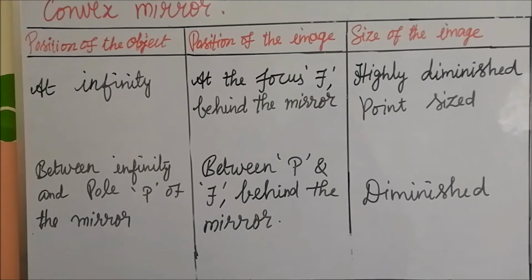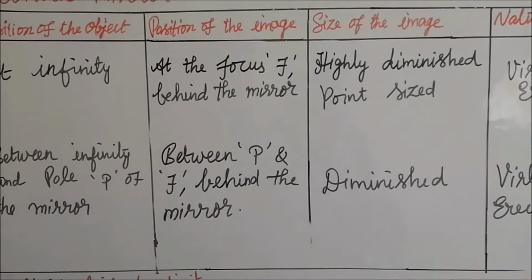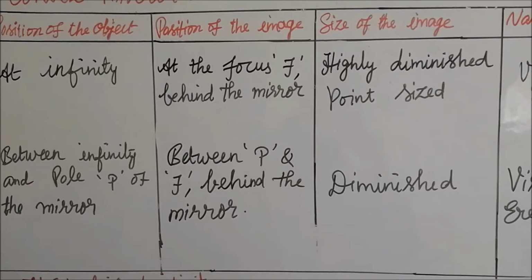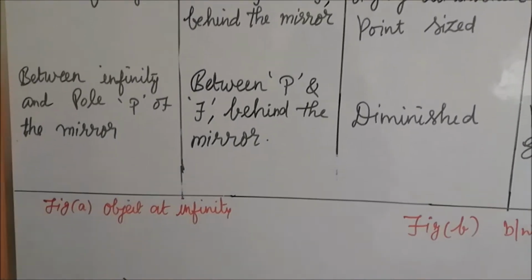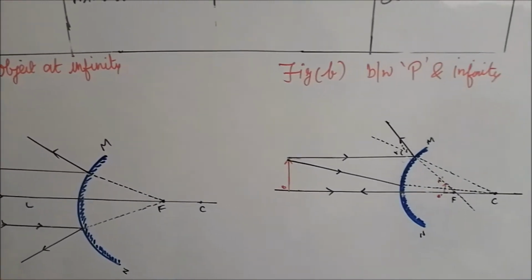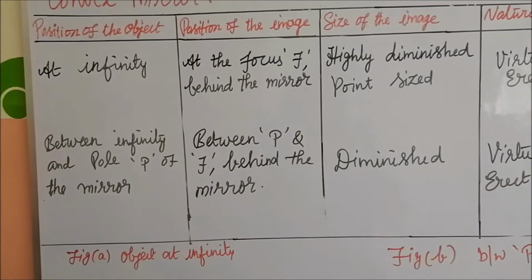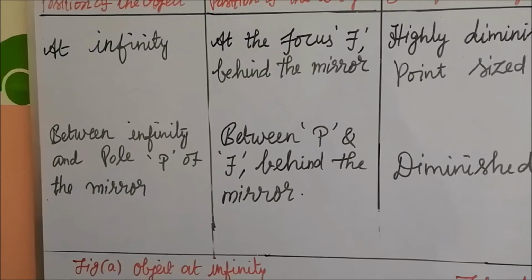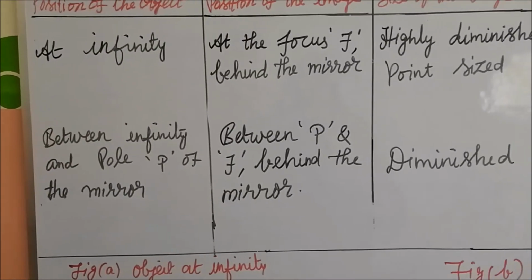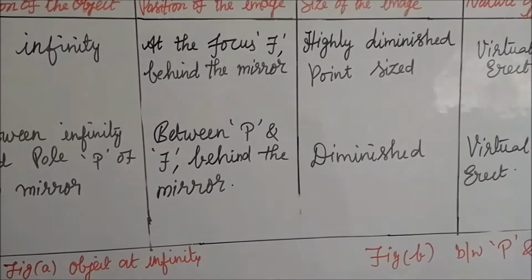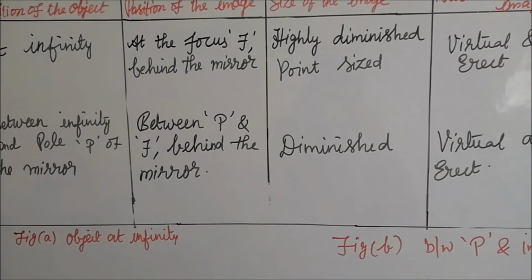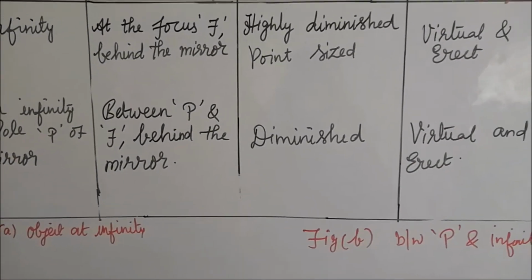When the object is at infinity, the position of the image is at the focus F behind the mirror. For the 2 cases, the image will occur only behind the mirror. The second case, the object is in between infinity and the pole P. We will get the image between P and F. It is also behind the mirror.